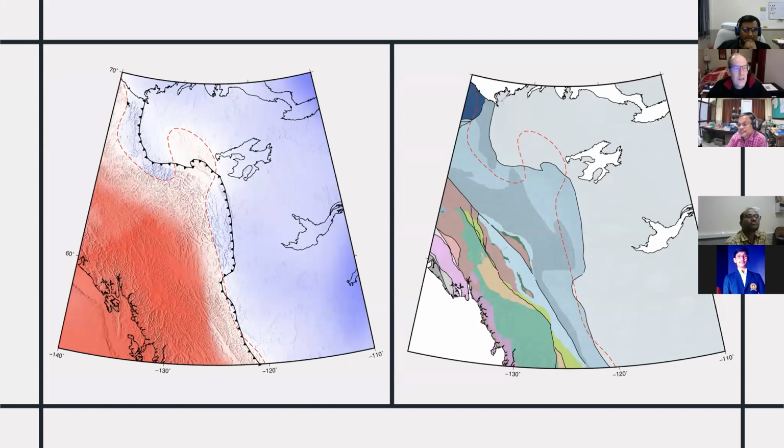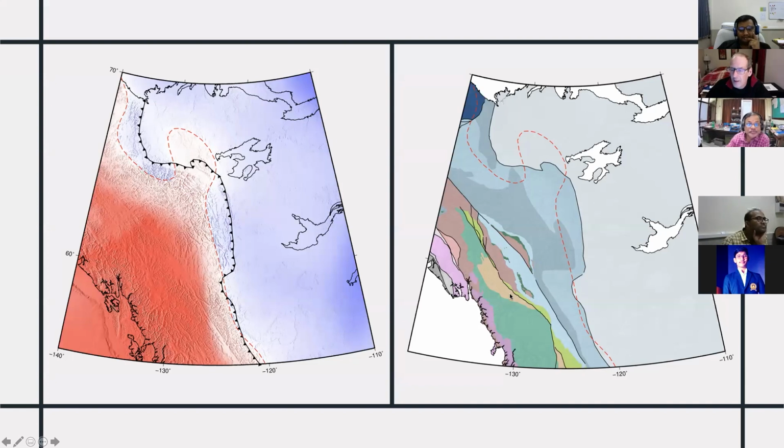And as an example, I give the contour depth of where the lithospheric thickness is about 170 kilometers depth by the red dashed line here. And you can see they correspond pretty well. So this is what we thought that we would see.